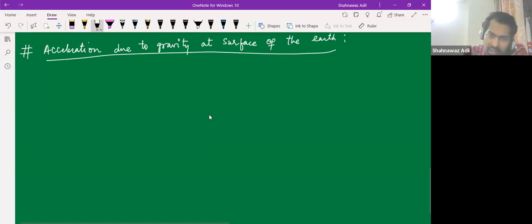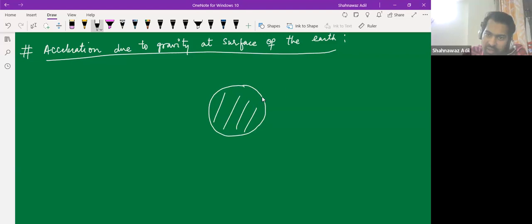Let's say this is the whole Earth. The mass of the Earth is M_E, and the radius that we are taking is r. This is the radius of the Earth, and some object is placed here. This is of mass m.